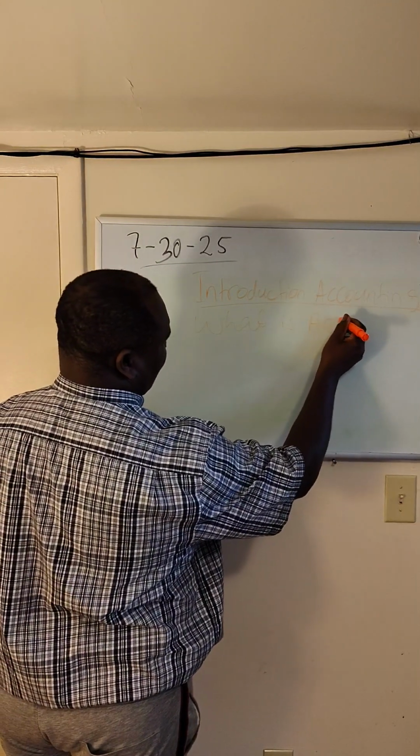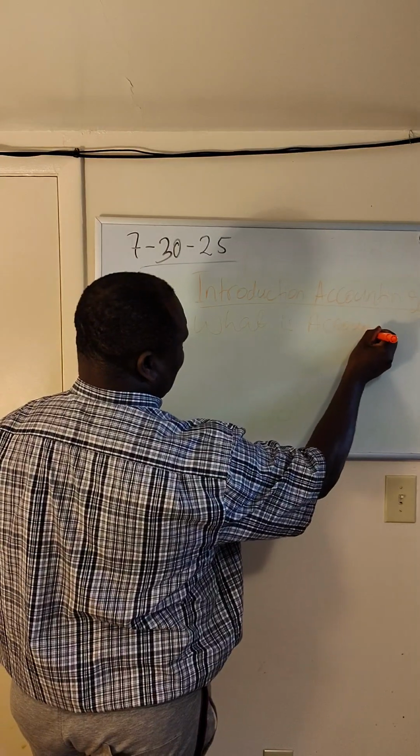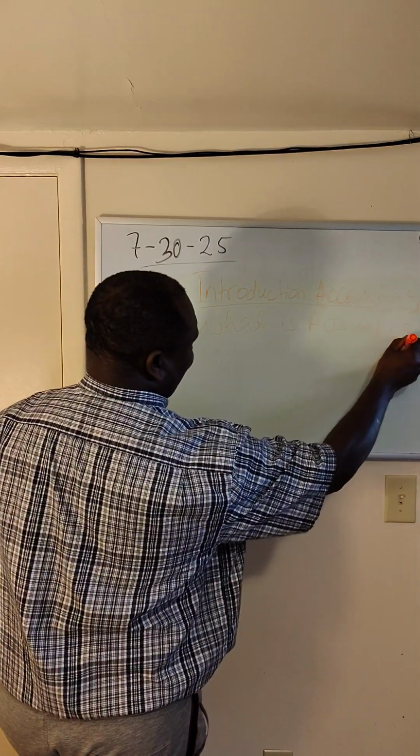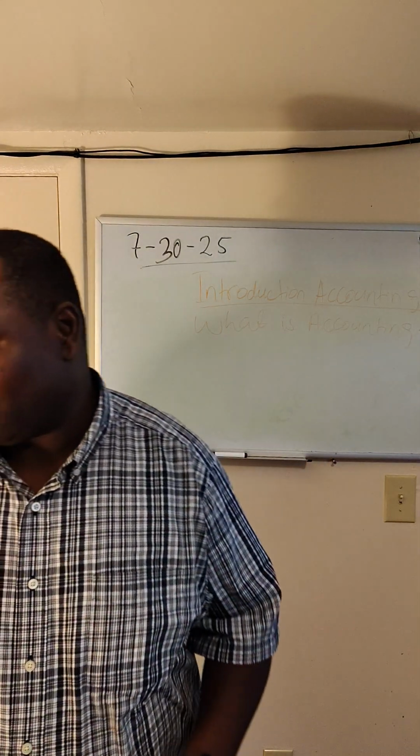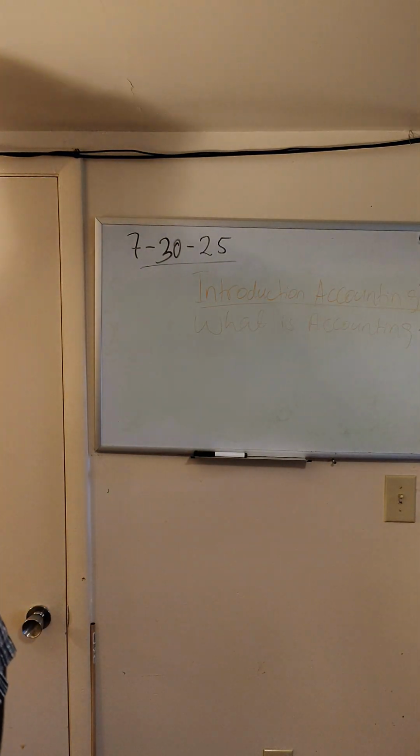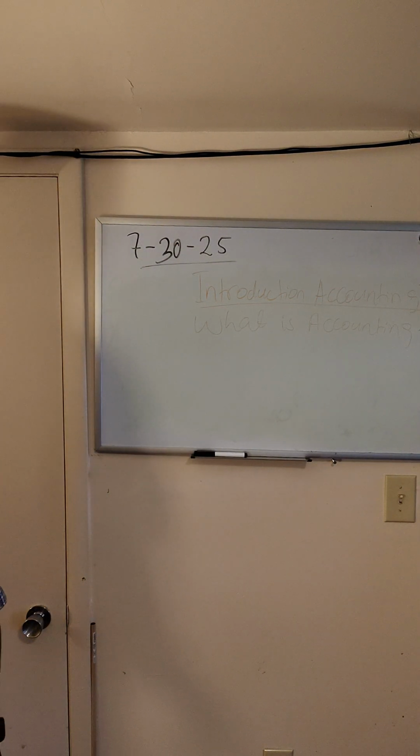We're going to look at what is accounting. That is a basic skill that we need to know. In case you are starting your small business, you need to know how to do your accounting. And before you know how to do your accounting, you also need to know what is the meaning of accounting.